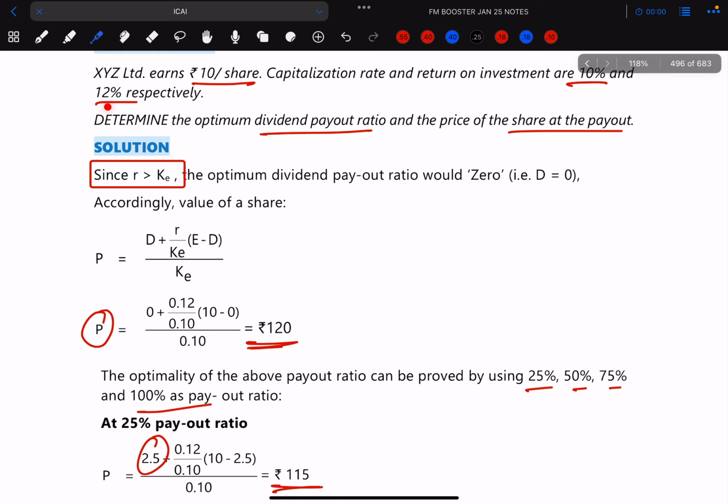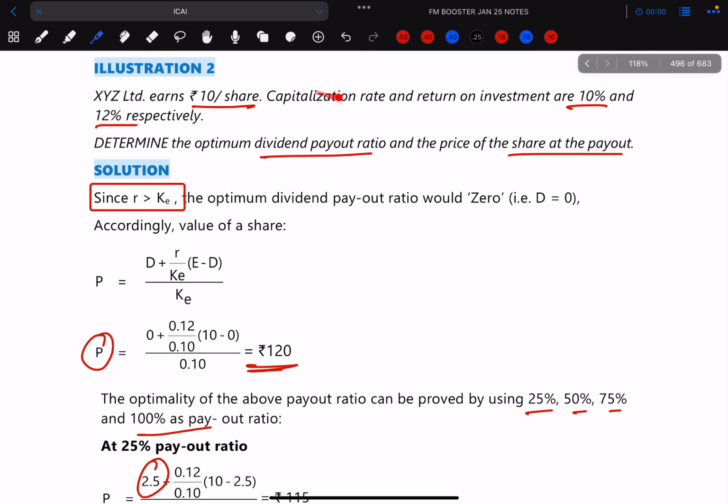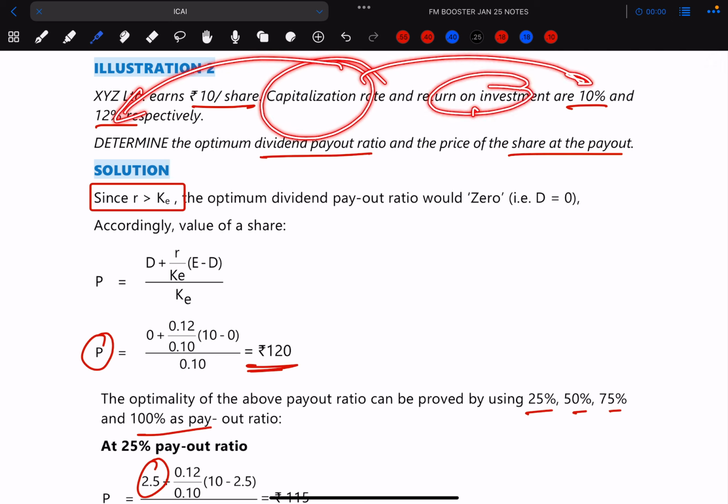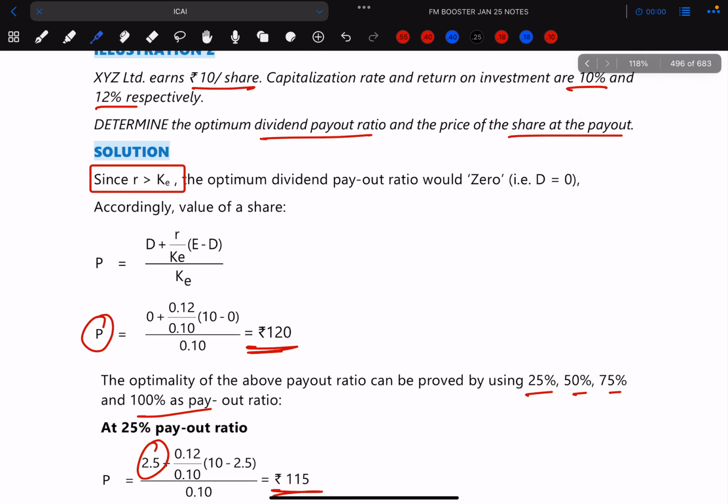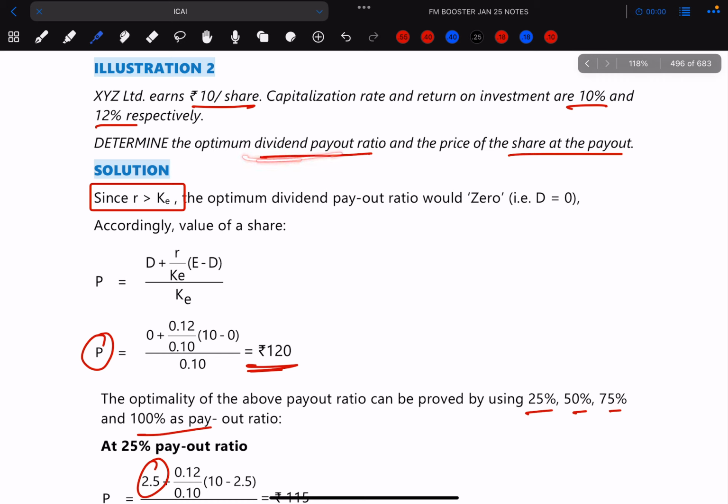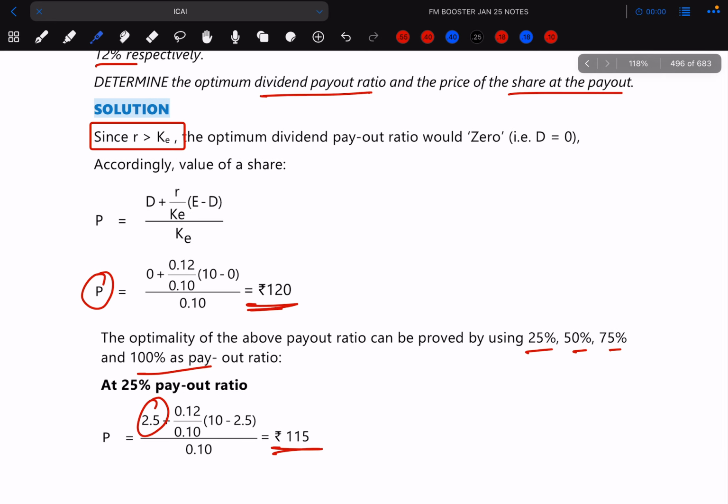Sorry, capitalization rate is 10%, and return on investment, that is ROI, or you can call it R, is 12%. Here they have asked: optimum dividend payout, how much it should be, and the price of the share at that payout.